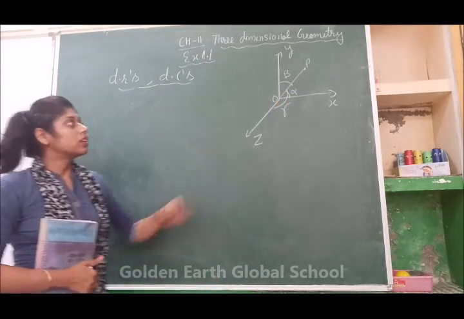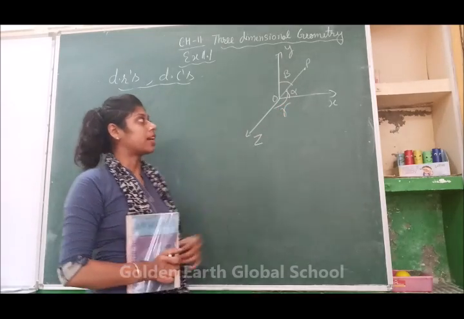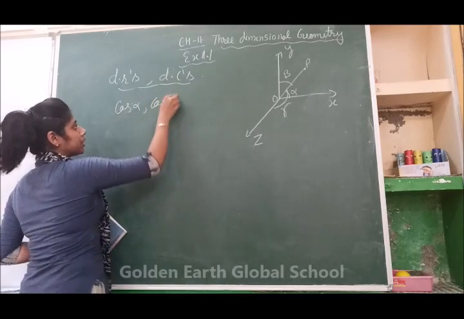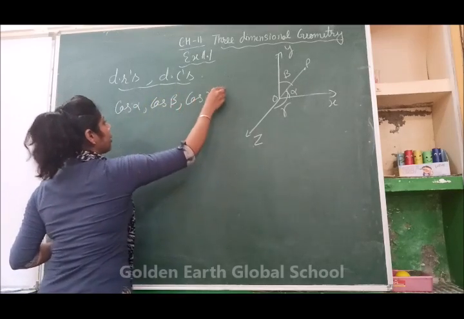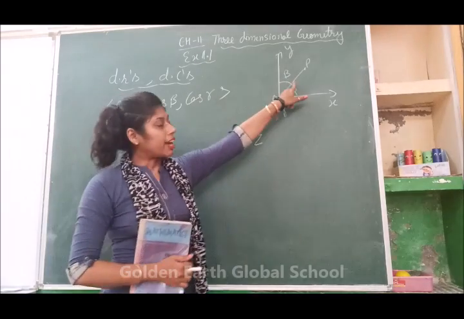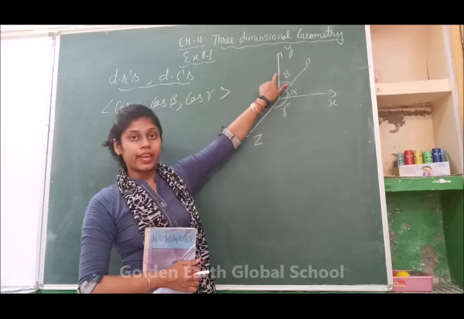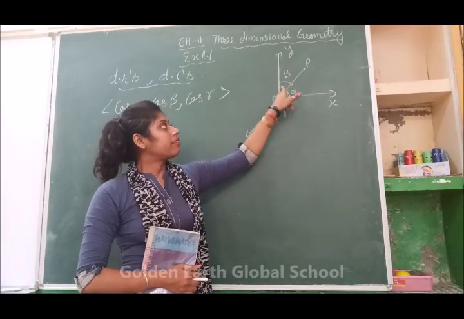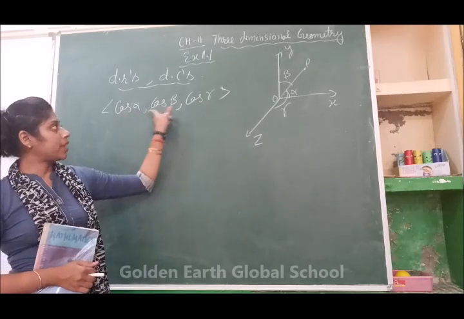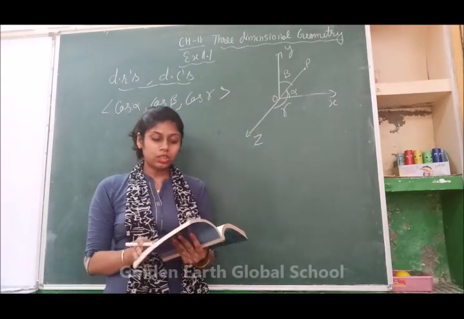The cosines of these angles are your direction cosines: cos alpha, cos beta and cos gamma. Alpha is the angle the vector makes with the x-axis, beta with the y-axis, and gamma with the z-axis. So if the angles are given to you, then you can easily find the direction cosines.